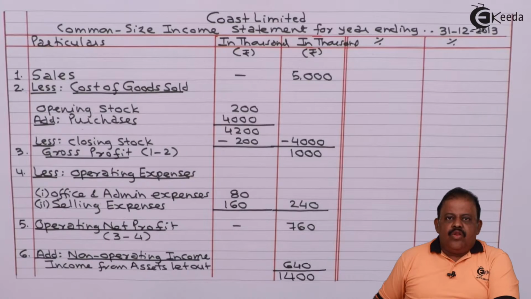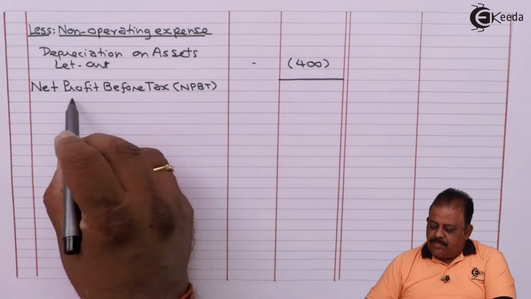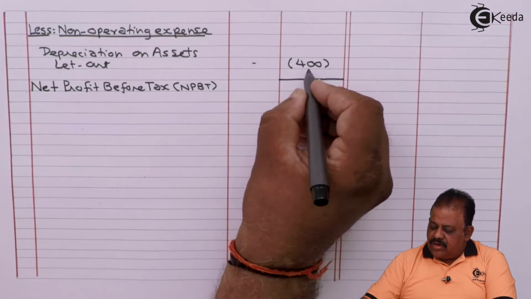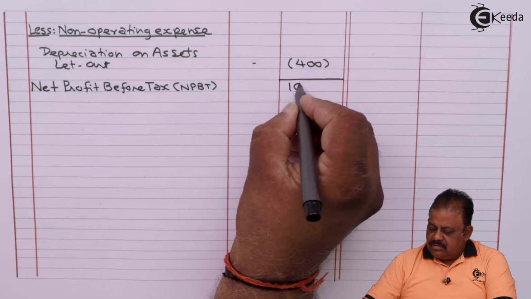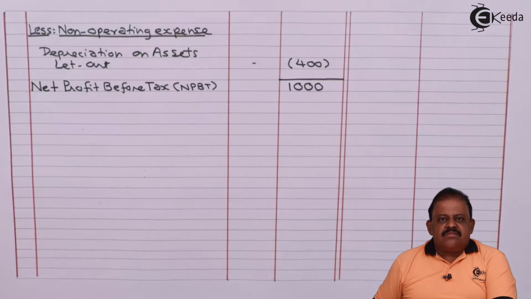After adding non-operating income, we got 1,400. From this we are going to deduct depreciation on assets let out 400. So net profit before tax will be 1,400 minus 400, 1,000.